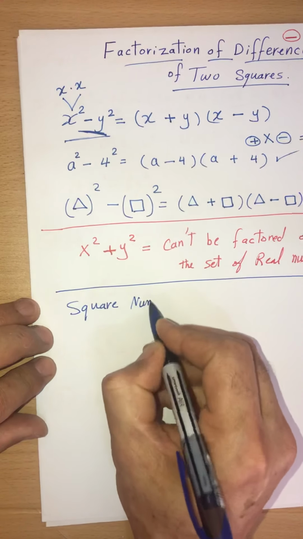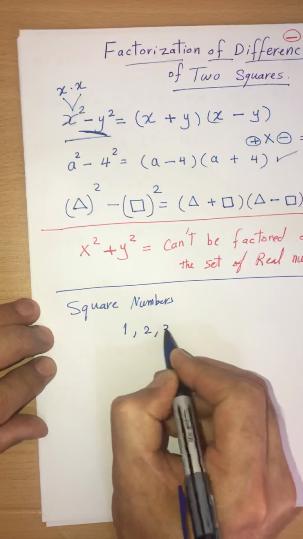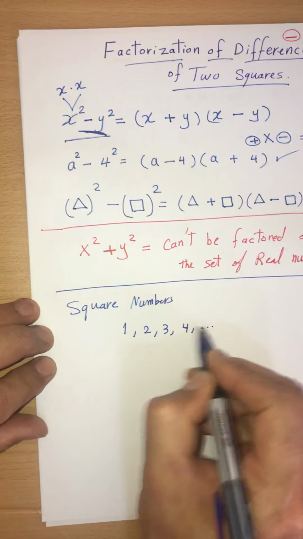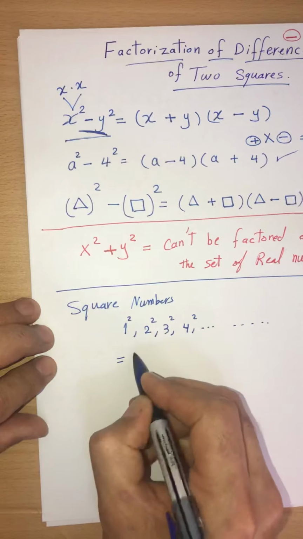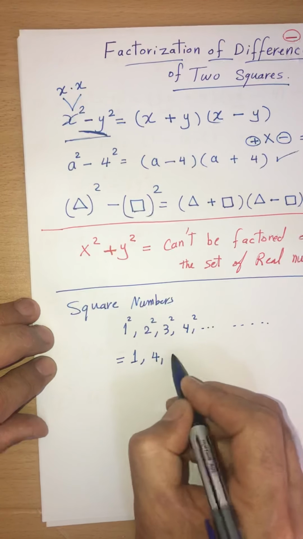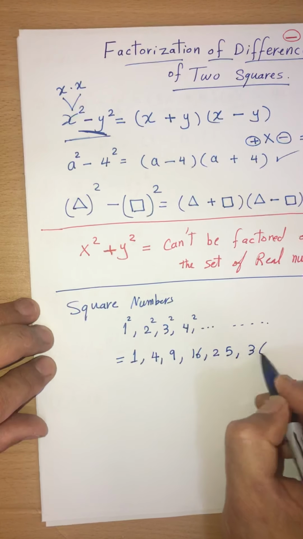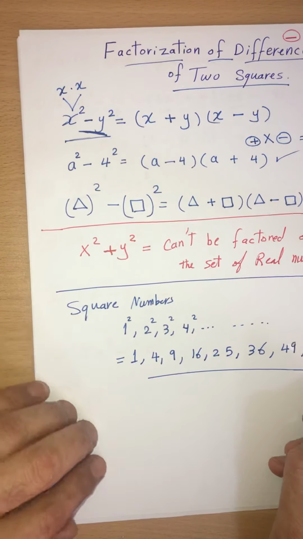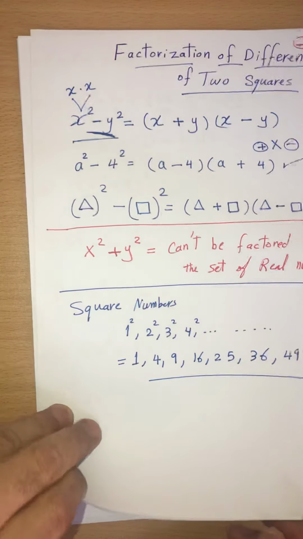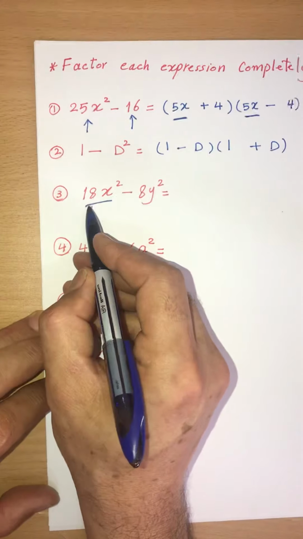Square numbers are the set of counting numbers 1, 2, 3, 4, 5 and so on raised to the second degree, which is 1, 4, 9, 16, 25, 36, 49, 64 and so on. We usually use them to factorize a difference of two squares. So 18 is not a square number.